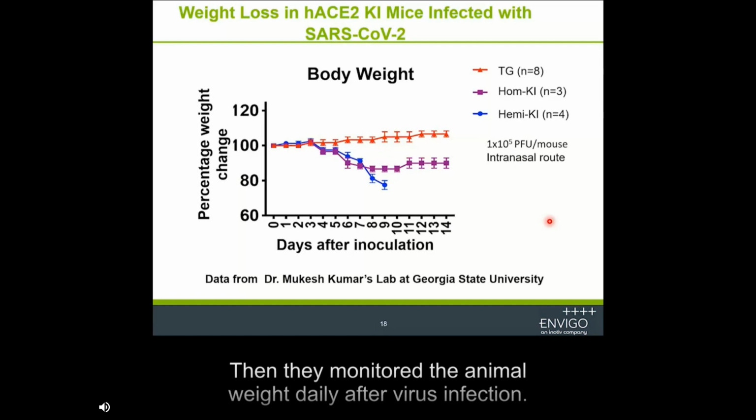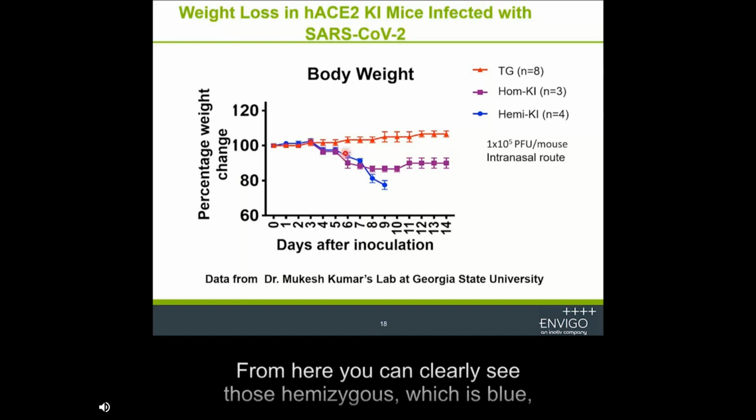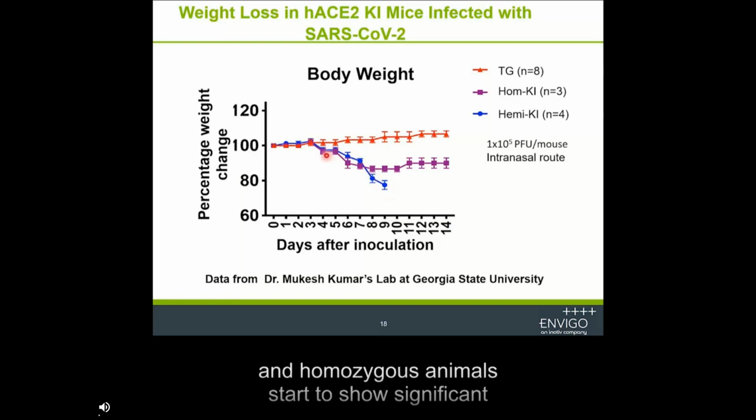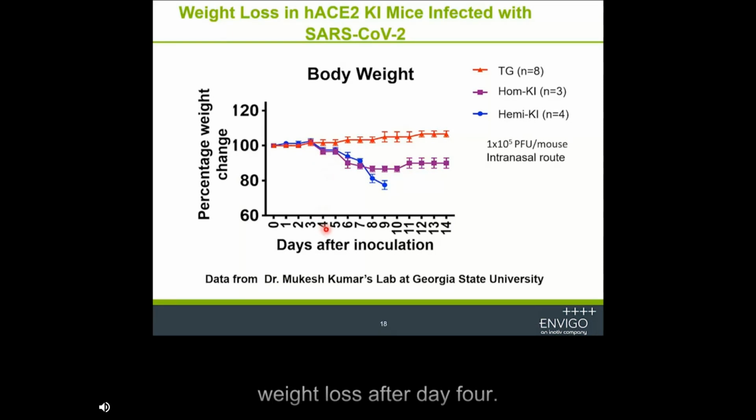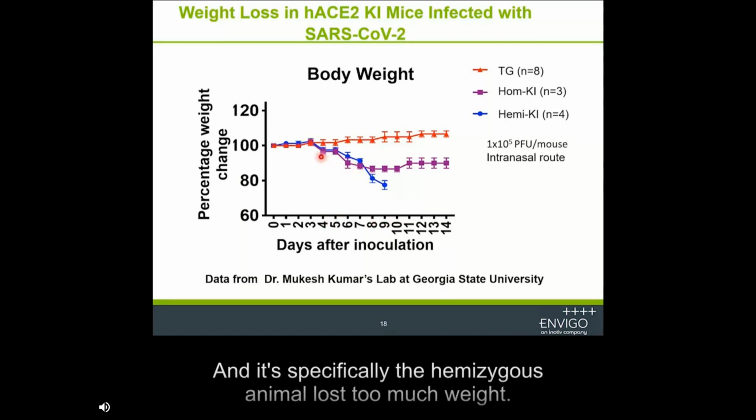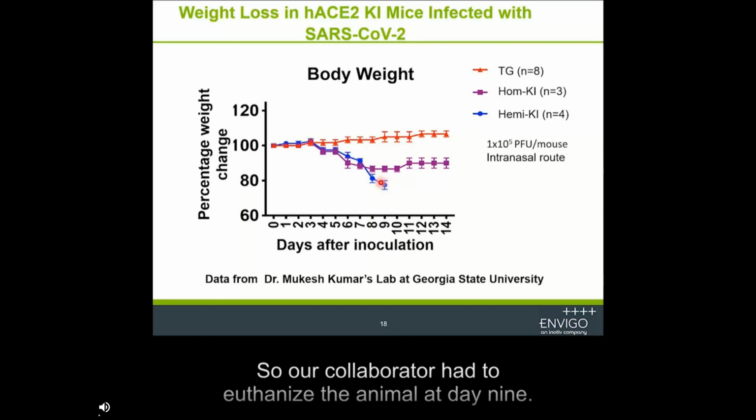From here, you can clearly see both hemizygous, which is blue, and homozygous animals start to show significant weight loss after day 4, the first day after virus infection. Specifically, the hemizygous animals lost too much weight, so our collaborator had to euthanize them at day 9.